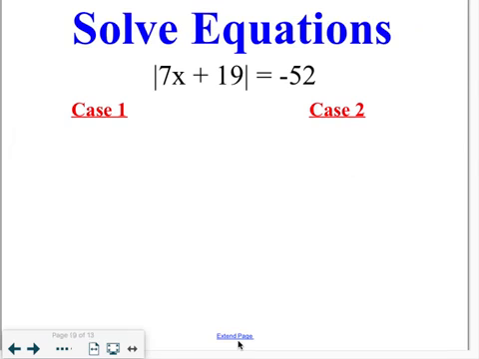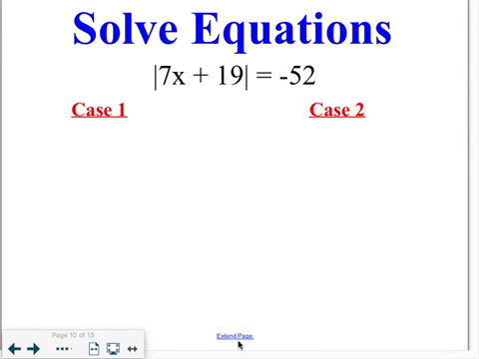Final example, we have absolute value of 7x plus 19 is equal to negative 52. Take a minute and think about what is different from this problem compared to the other ones we've done. You should notice that there is a negative as part of the answer.